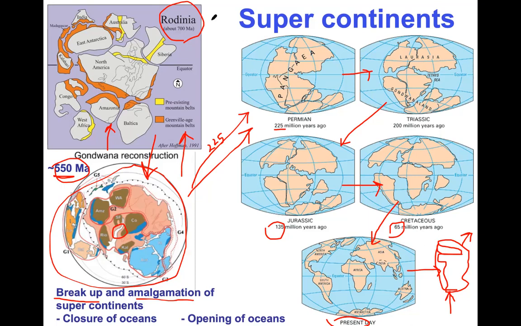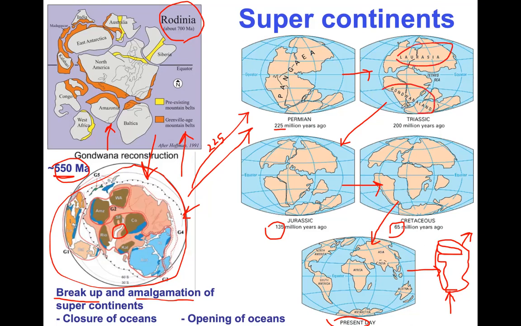Yeah, it's a good question. The Gondwana supercontinent is depicted by this picture. Actually, after hitting the mantle plume, this Gondwana supercontinent was broken into two segments. The two segments were called Laurasia, this one, and Gondwana land, right?